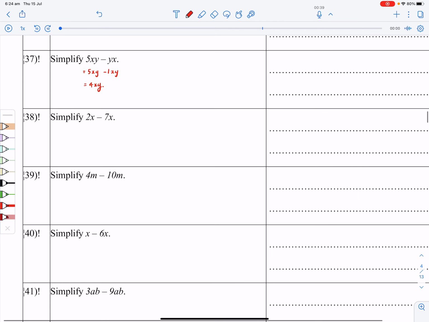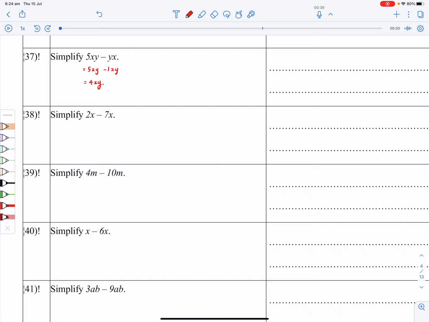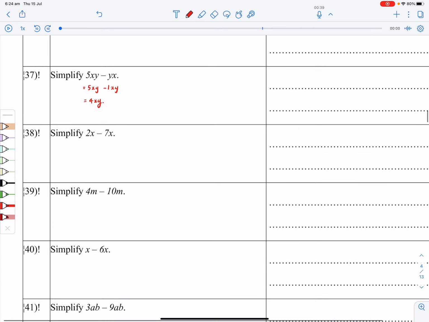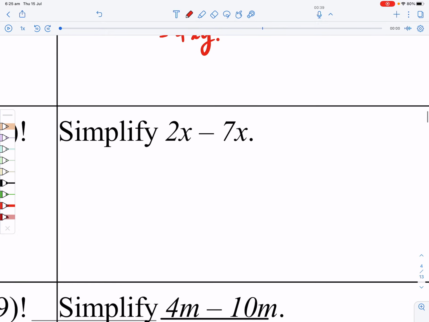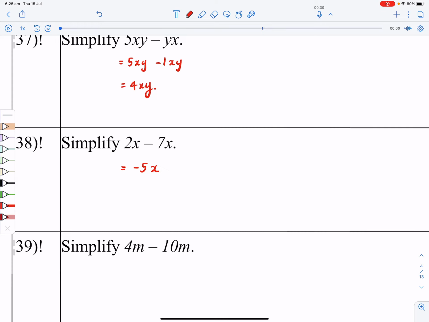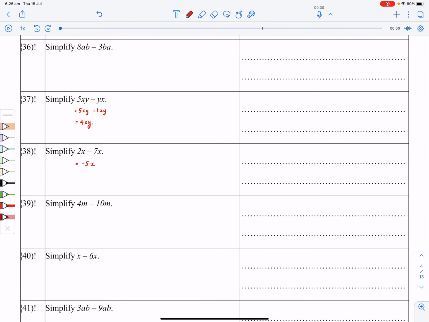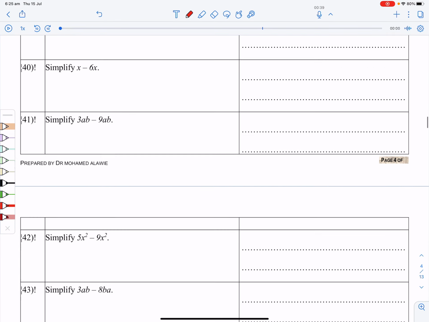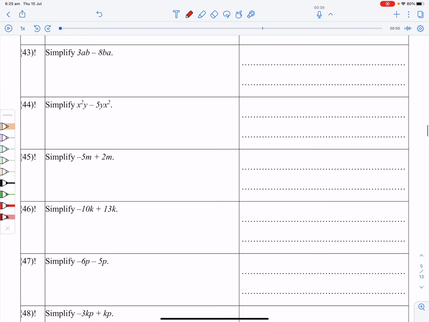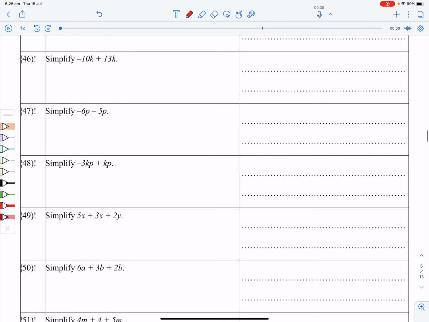Don't forget your integers or your negative numbers from the beginning of year 7. Question 38. 2x minus 7x is simply, well, 2 take away 7 is minus 5, so it's minus 5x. Excellent. So these are all very similar.